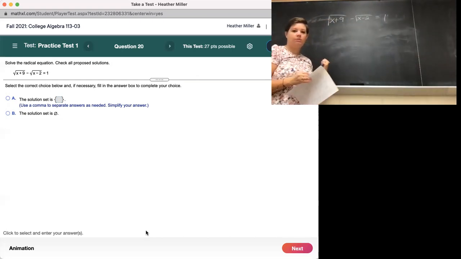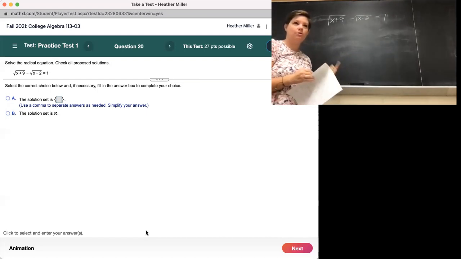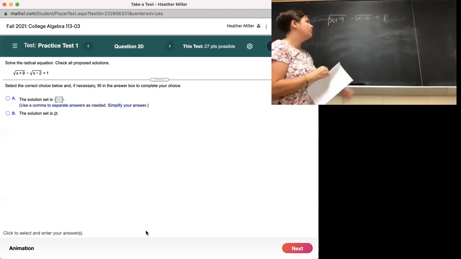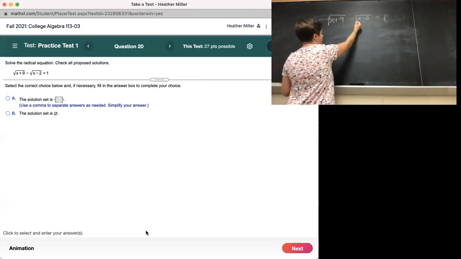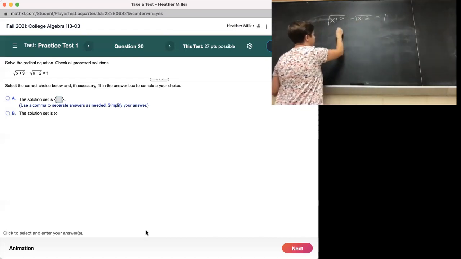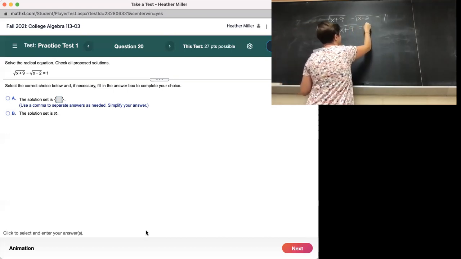Typically when you solve radicals, you want to get the radical by itself. But when you have two radicals, you have to split them. That means you need to have one radical on the left side of your equal sign and one radical on your right. So I'm going to add this radical x minus 2 over to the other side and isolate the radical x plus 9.